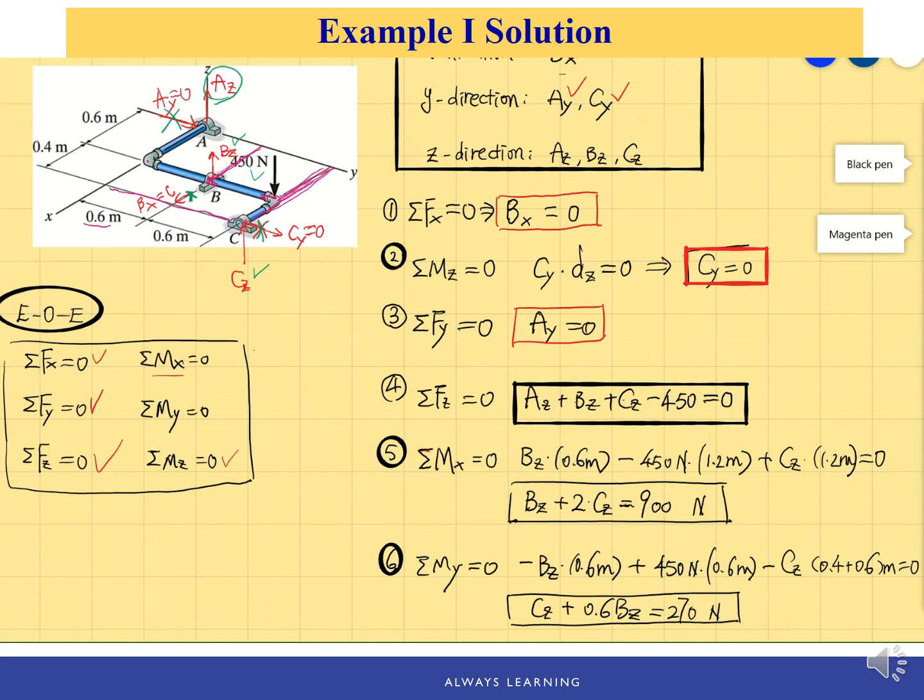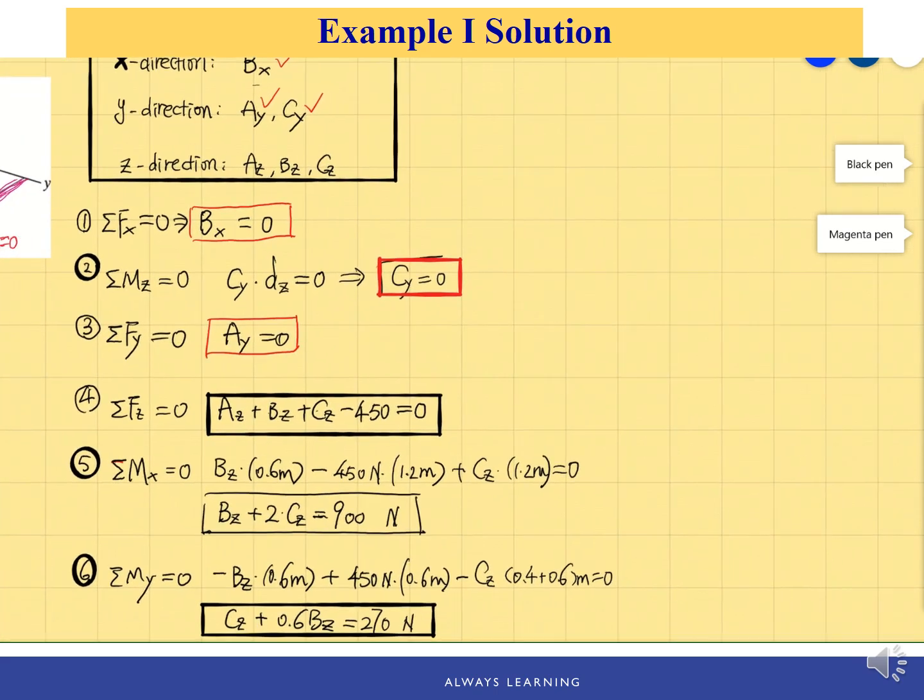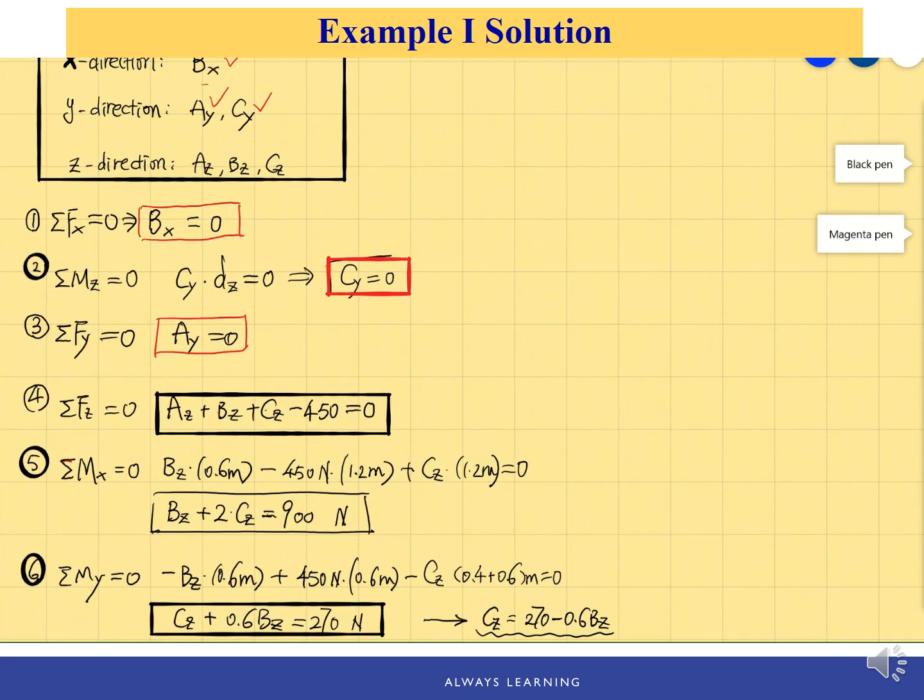So from equation 5 and equation 6, we can solve BZ and CZ directly. Using substitution is probably the simplest way to solve these simultaneous equations. So we can write CZ in terms of BZ and substitute into equation 5. So we'll have BZ plus 2 times (270 minus 0.6 BZ) equals 900 Newton.